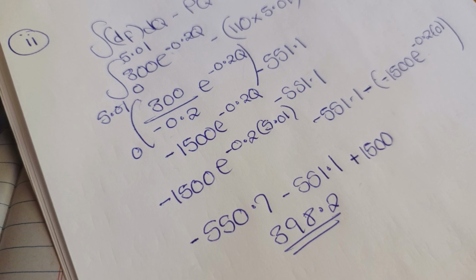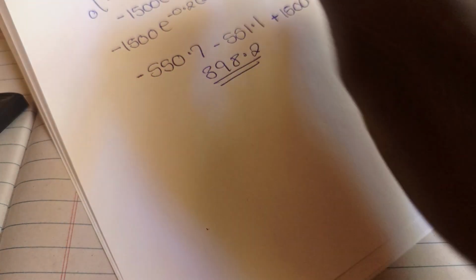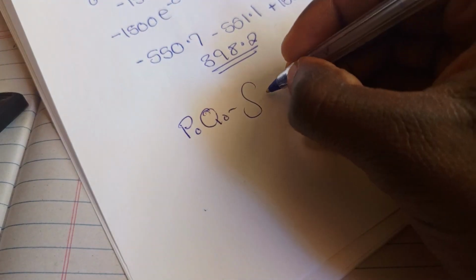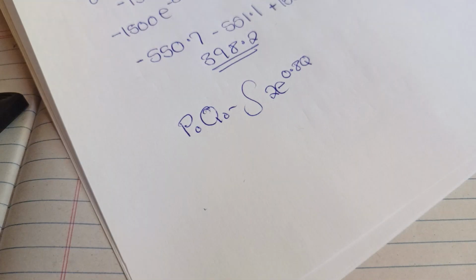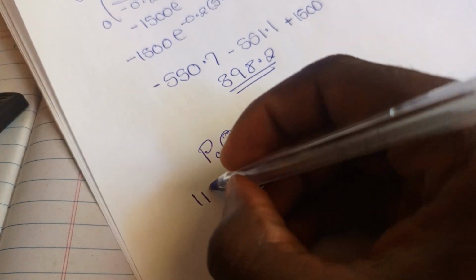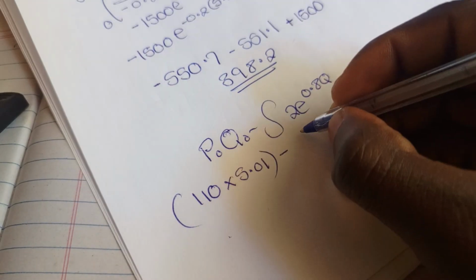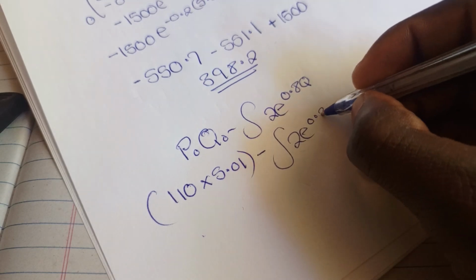Then we are told again to calculate the value for the producer surplus, where we are using the supply function. In this case the supply function is 2e^(0.8q), where your P is 110 and your Q is 5.01, minus the integral of this.